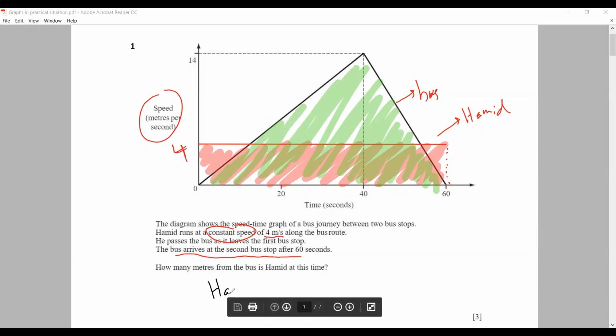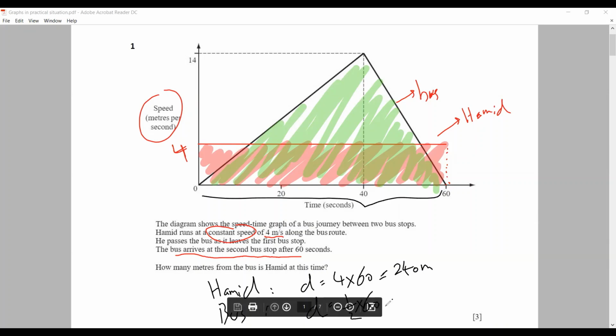So for Hamid, the distance would be 4 times 60, that is 240 meters. And for the bus, that's a triangle right there. You know the formula, half of base times height. Base is 60 and height is 14, right?